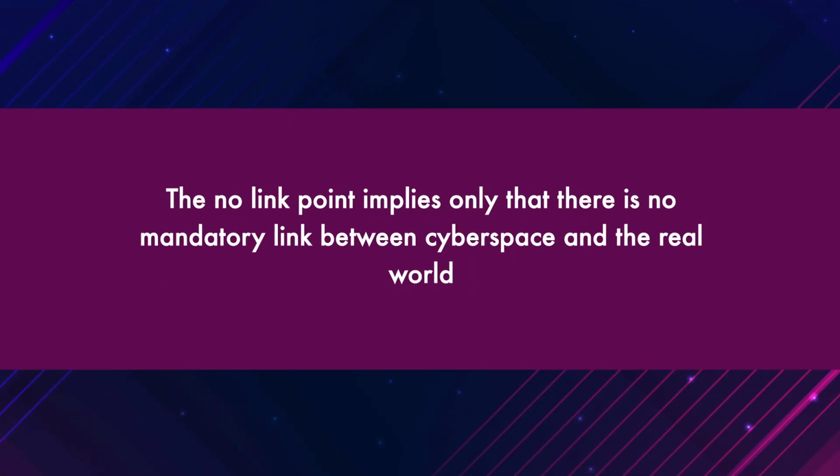So, in this case, for example, you communicate and you see a lot of images, a lot of videos or a lot of information available on the internet, but there is no link to it. You do not even know where the data is coming from and where the data is going. So, no link implies only that there is no mandatory link between cyberspace and the real world.